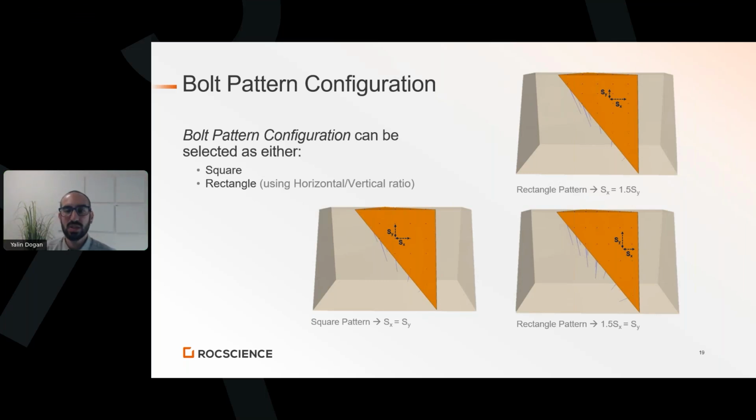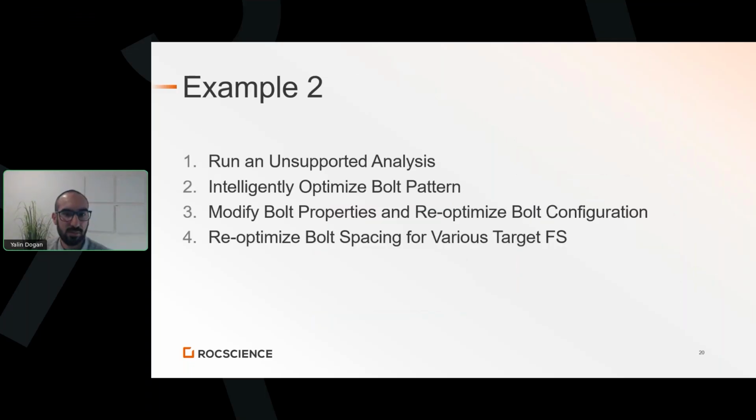So once the use intelligent support optimization checkbox is selected under the bolt pattern configuration group box, RocSlope2 allows us to select either a square or rectangle bolt pattern and additional parameters like horizontal interval, and if the rectangle configuration is selected, horizontal and vertical ratio is also required, which we're going to see in a bit in our second example.